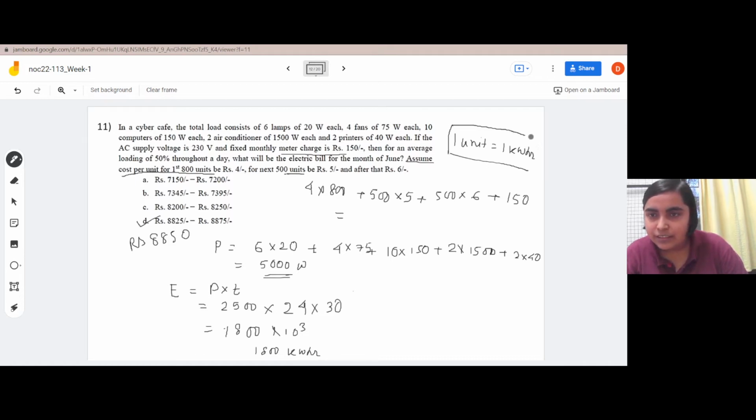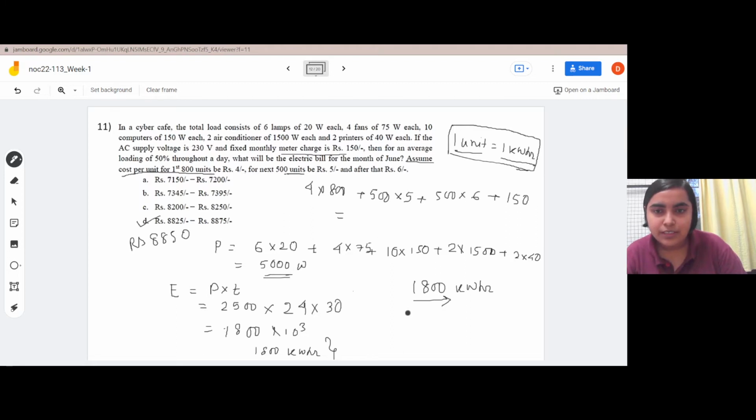In the power sector, the billing is done for 1 unit, which means 1 kilowatt hour. Now your consumption has been 1800 kilowatt hour. Because in the power sector, the more you consume energy, the higher your bill will be. But if it was a uniform unit, then the revenue of the power sector would not be that good.